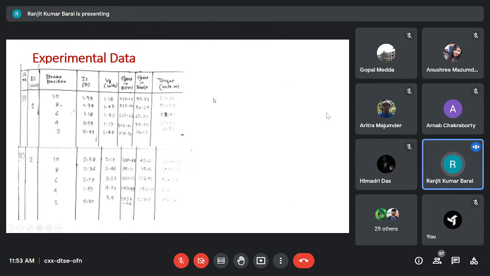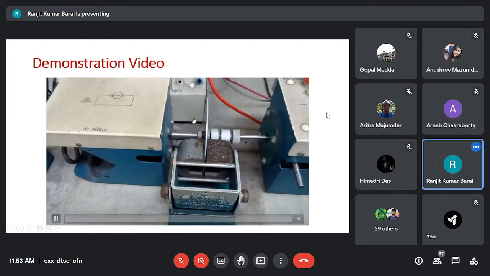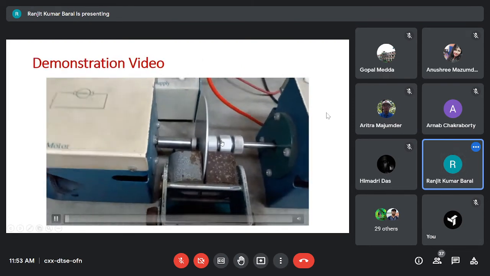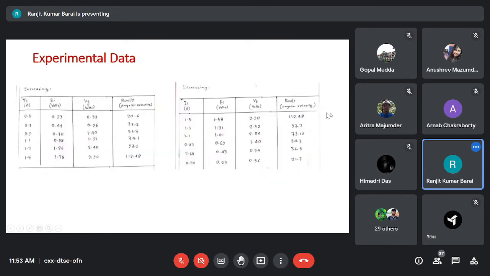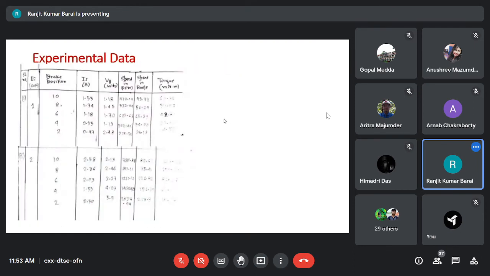So what we do during the experiment, for a particular brake position, we start with the highest brake position, keep the input voltage constant at 1 volt, and go on decreasing the brake position.